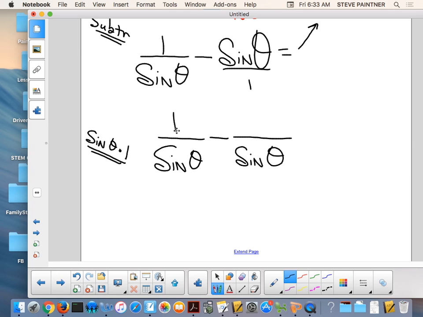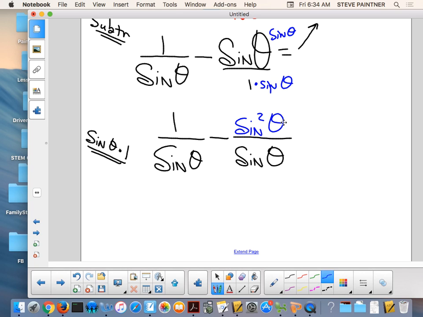Well, the first one, you don't have to change. The second one, you need to multiply by sine on the bottom, sine on the top. Okay. You would get sine squared on top.